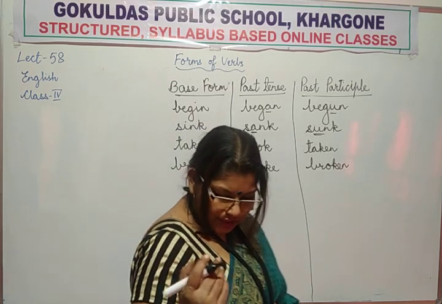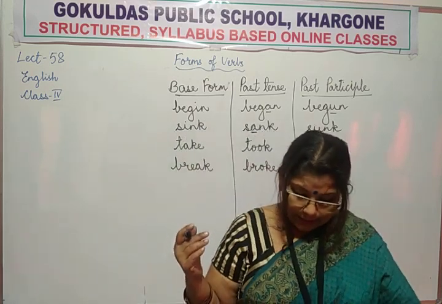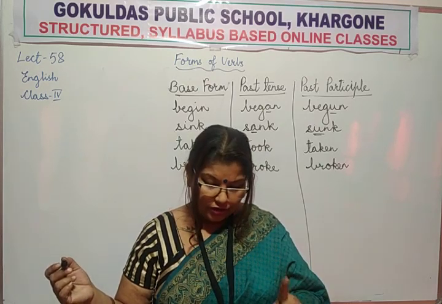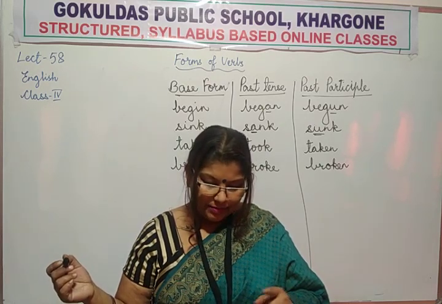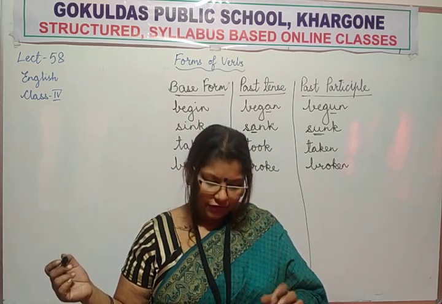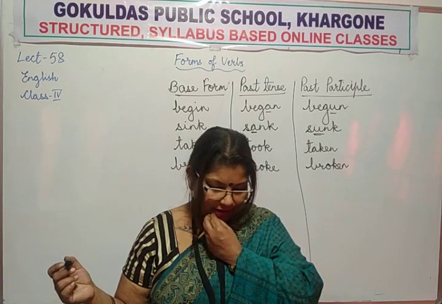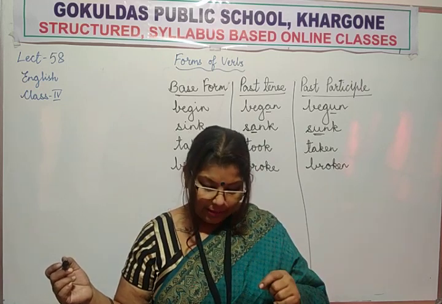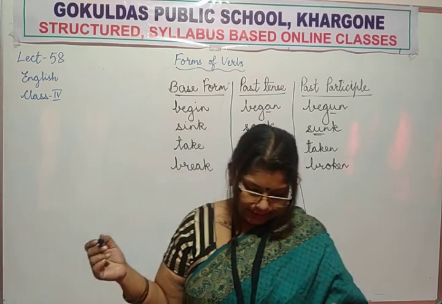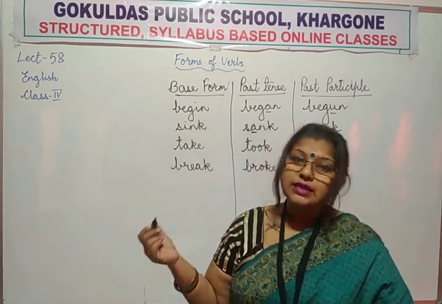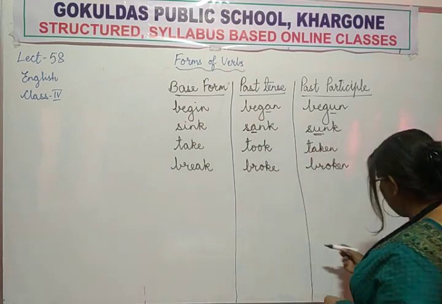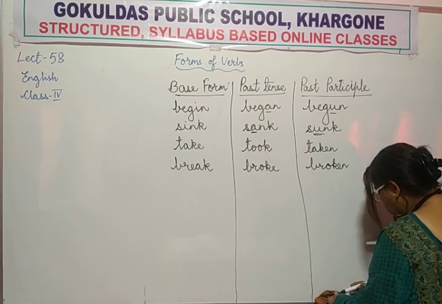Some verbs have special participle forms that can be used as an adjective, like drink, drunk, drunken, melt, melted, molten, prove, proved, proven. This is a little different because some have been added ed in the past tense. Sing, sang, sung, we have already done. So these are the forms of verbs which you need to go through the book and go through the words, which is very, very important.